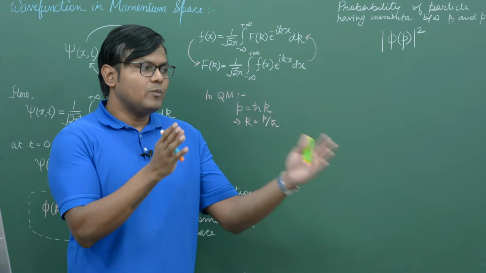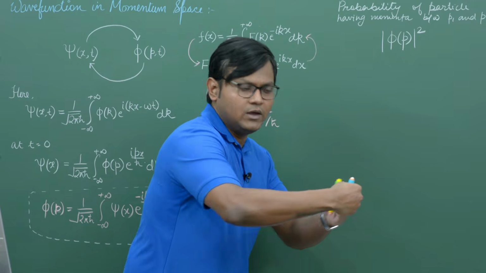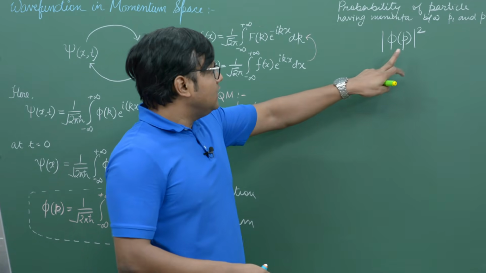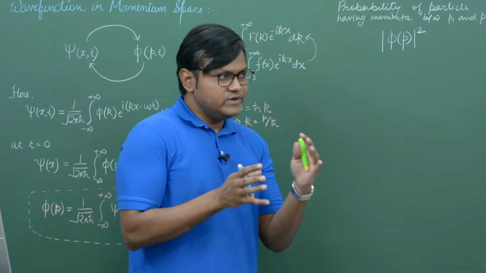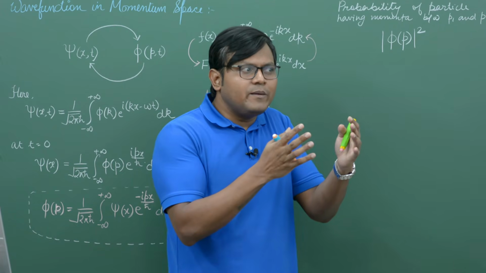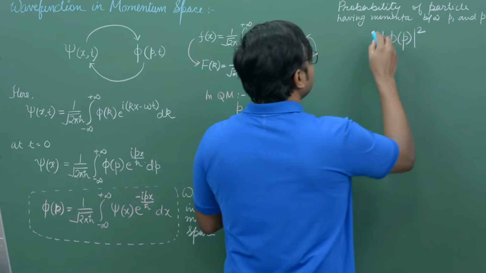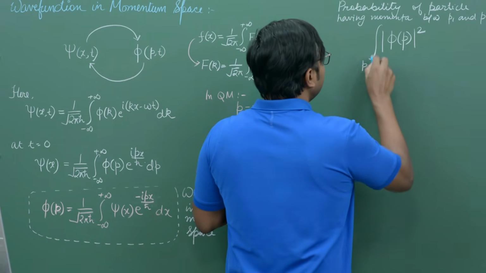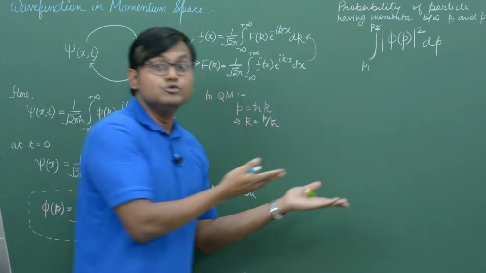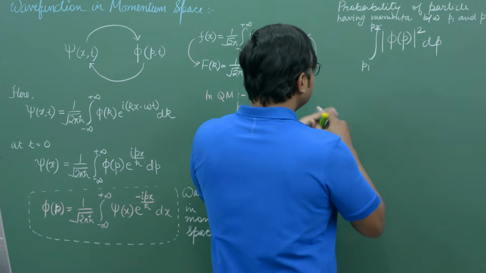We used to ask what is the probability that the particle will be found between one x value and another x value. But in the context of the wave function in momentum space, we ask what is the probability that the particle will have a momentum between one value and another value. So essentially, what is the probability the particle will be going with a velocity in a given range? That comes out to be integration between p1 and p2 of the mod square of this, dp, the usual. Similarly, we can also talk about expectation values.